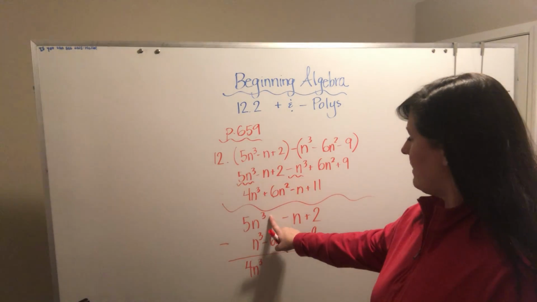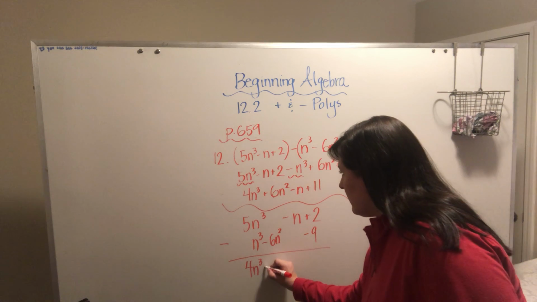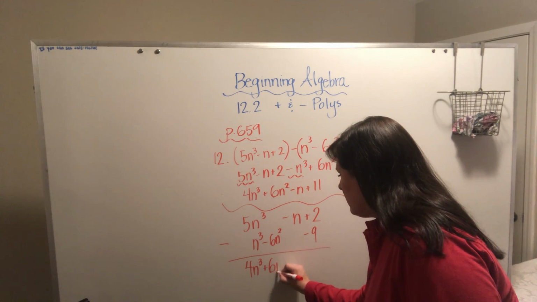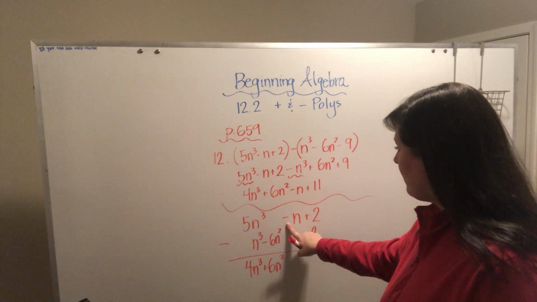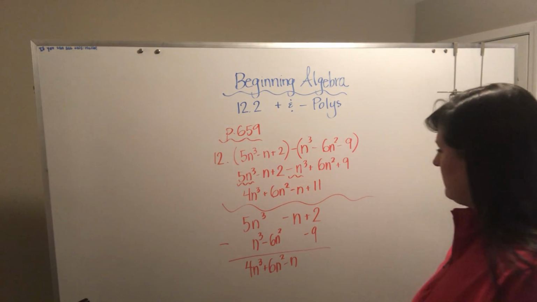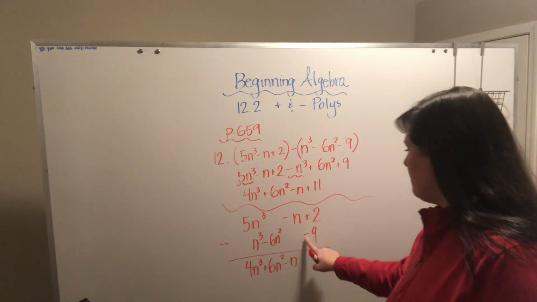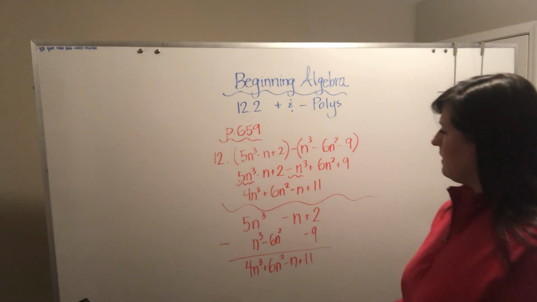I have got nothing here, but I have a minus 6n squared. So that has to become plus 6n squared. I have a negative n here and nothing down here, so that stays. 2 minus minus 9 becomes plus 9, and that's 11.